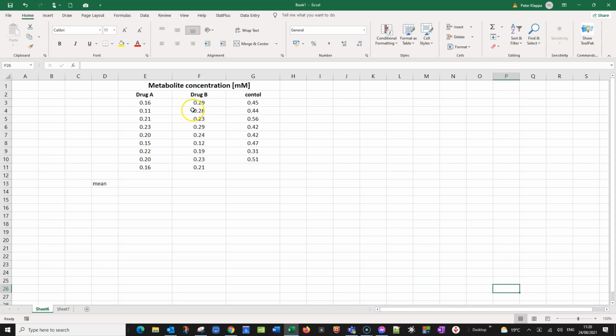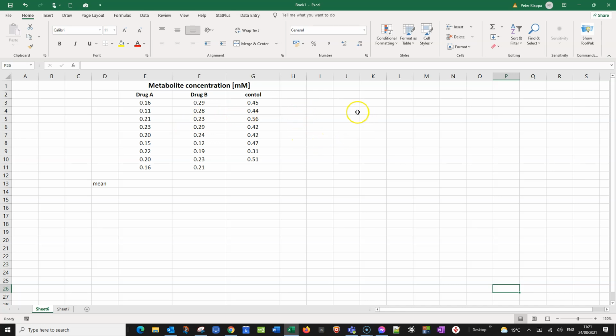Now, so far so good. We have done a simple t-test where we looked at, for example, the difference between a drug and a control. But how do we proceed when we have not two samples but three samples? In this case, we can't just simply do a t-test because a t-test only compares two samples with each other.